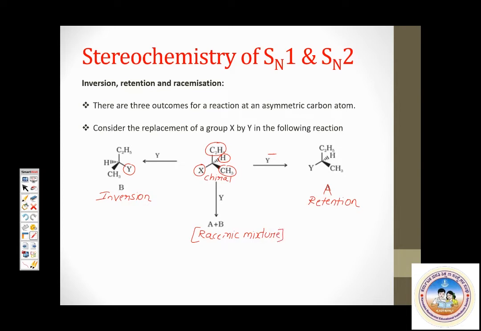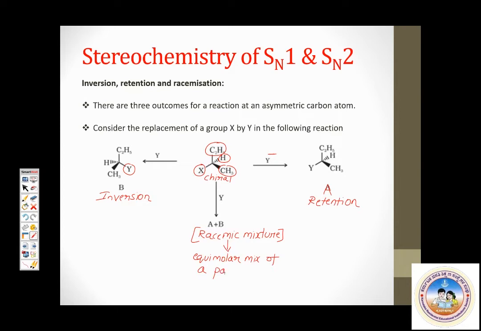Equimolar means same concentration, same amounts, 50% of one isomer, 50% of the other isomer. Such an equimolar mixture of an inversion product and a retention product is nothing but a pair of enantiomers. An equimolar mixture of a pair of enantiomers is what you call a racemic mixture. These are the 3 possibilities that arise.